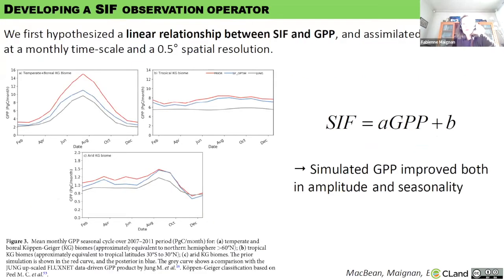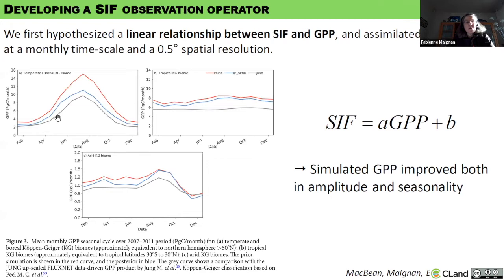So let's go back to fluorescence and developing a SIF observation operator to link the SIF observations to the GPP. We started with a very simple one where we say that SIF is linearly related to GPP, because that's what is observed at large scale. You see large climatic regions: the GPP mean seasonal cycle for temperate and boreal biomes, for tropical biomes, and for arid biomes.